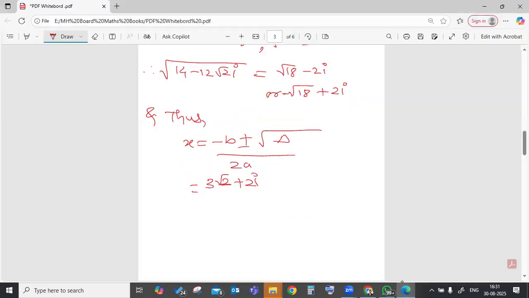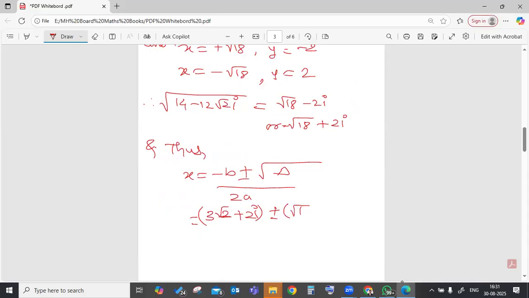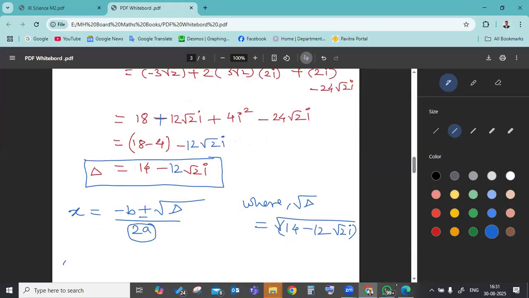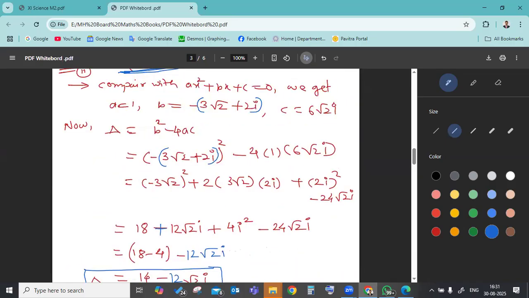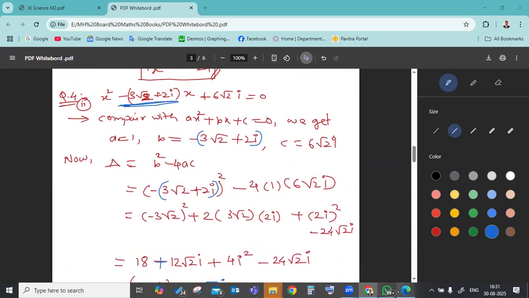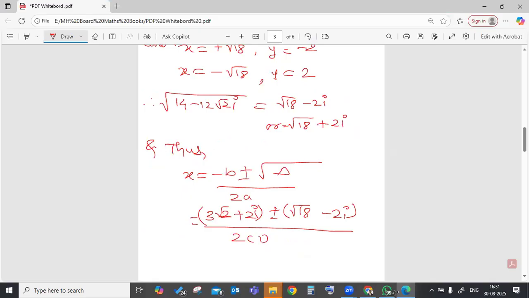Plus or minus this root, root 18 minus 2i, upon 2 into a. A is equal to 1.